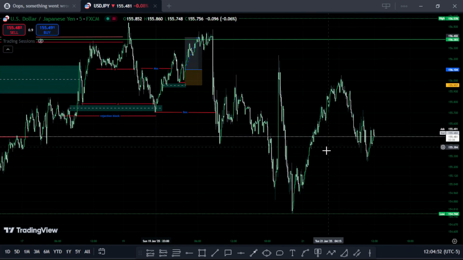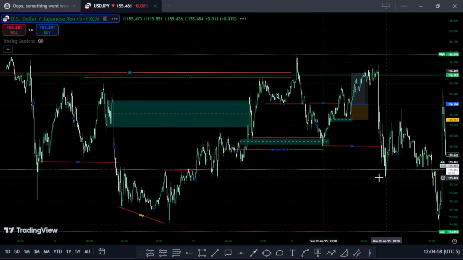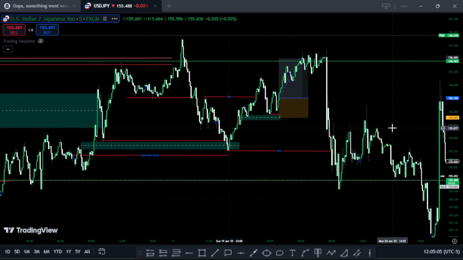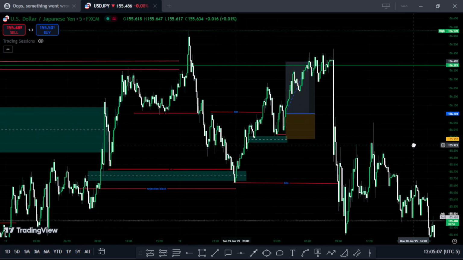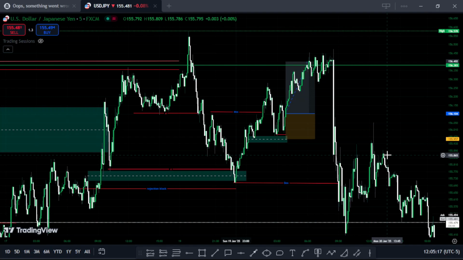If you do your analysis, you can see that it's likely going to continue dropping. Yeah guys, so this is how I took my buy entries, and I managed to take some profits on USD JPY.